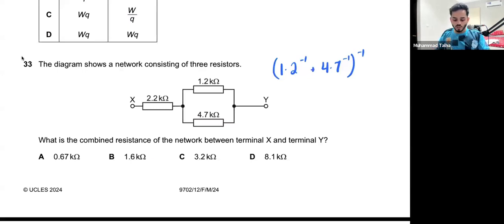So 1.2 inverse plus 4.7 inverse is 0.9559, so 0.956. And there's a 2.2 in series as well. So you add 2.2 to that. So it's pretty obviously this.